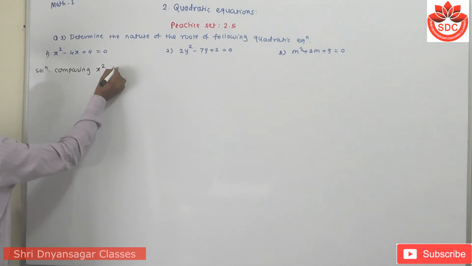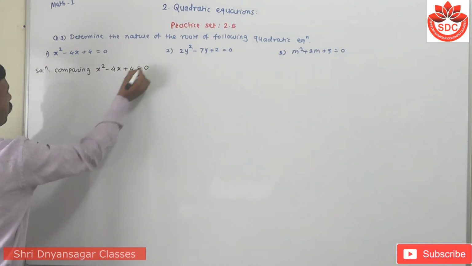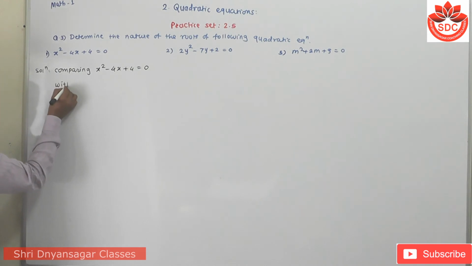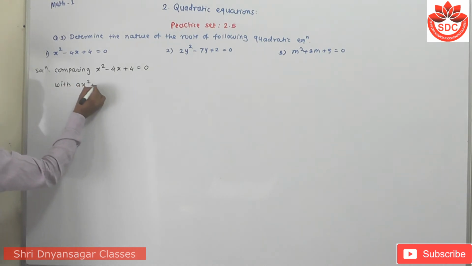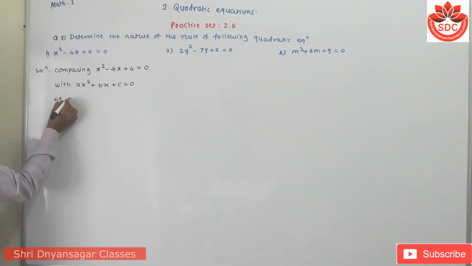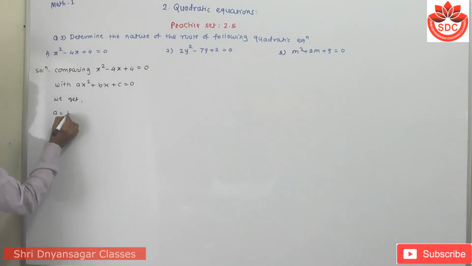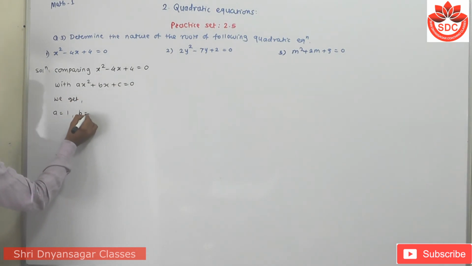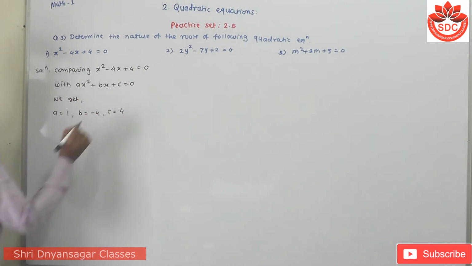First one: comparing x square minus 4x plus 4 equals 0 with the standard form ax square plus bx plus c equals 0, we get a is 1, b is minus 4 and c is 4.